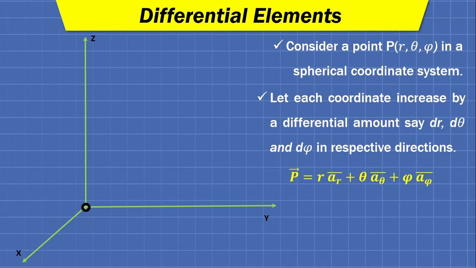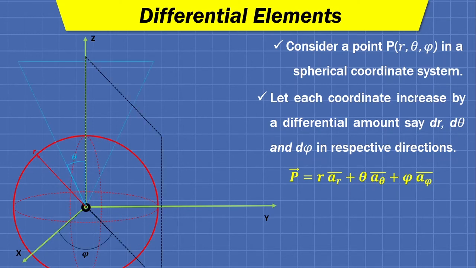Please pay attention to the further animation. So I first represent a sphere with radius r, a right circular cone with half angle theta. I have shown this theta on the left hand side because on the right hand side we need to represent some important parameters.